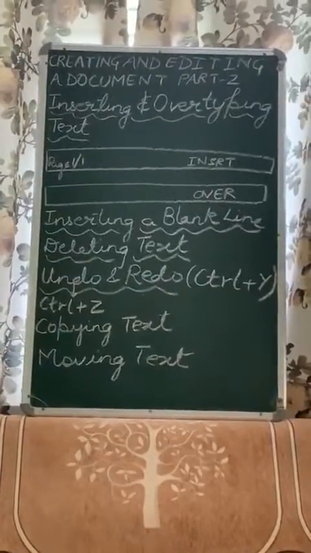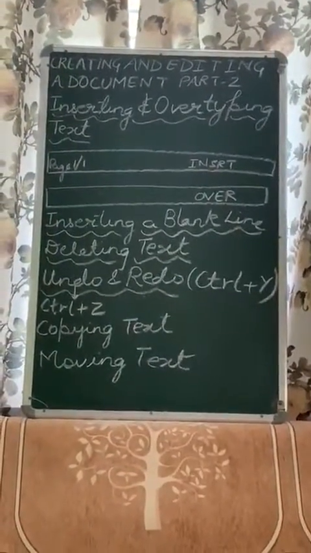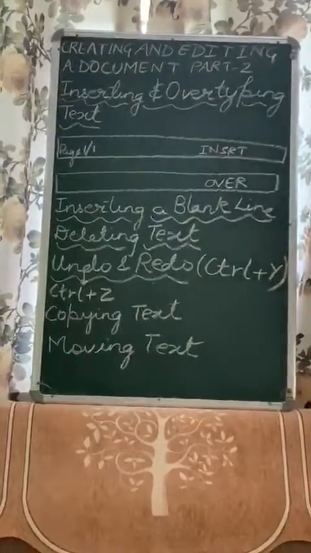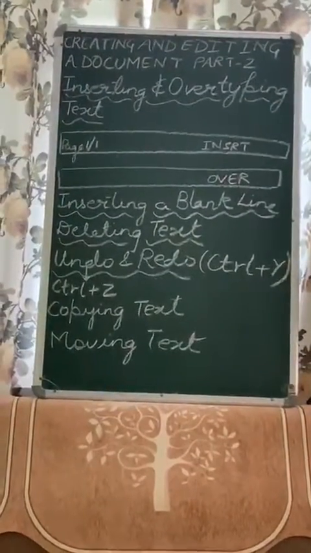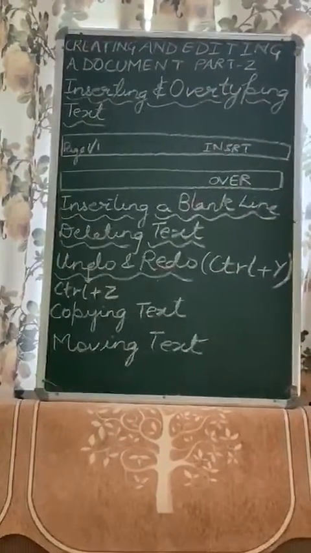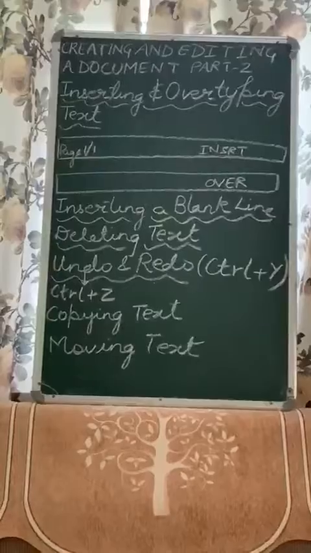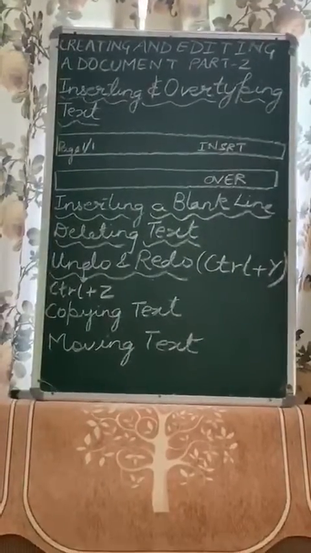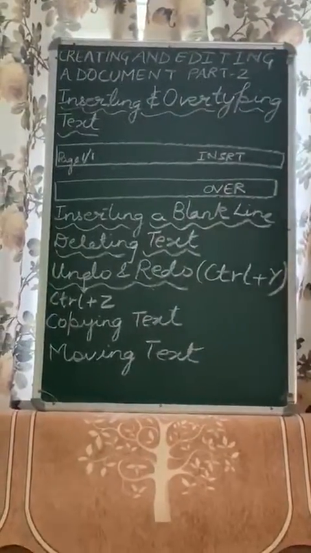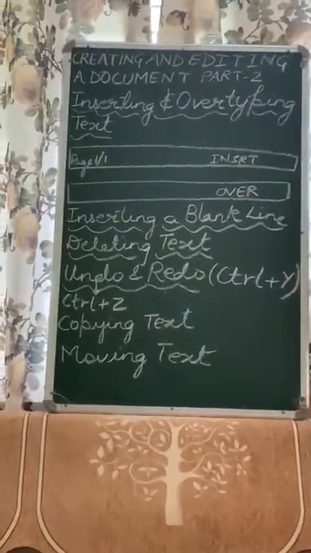Either you go to the Edit menu and click on the copy option, or you click on the copy button on the standard toolbar, and then the paste option is there in the Edit menu, or the paste button is there in the standard toolbar. The shortcut key for copy is Ctrl+C, while for paste it is Ctrl+V.